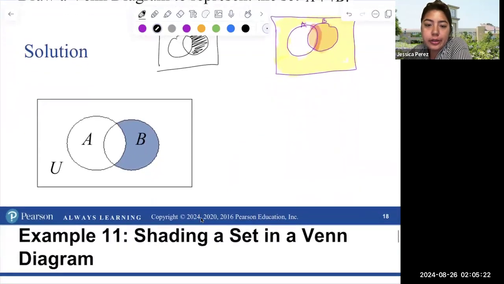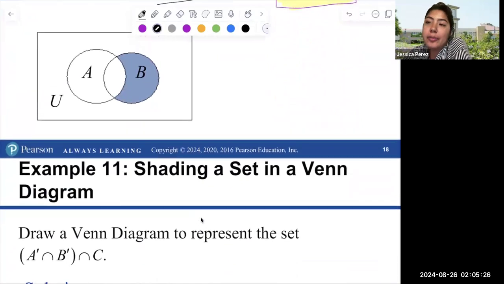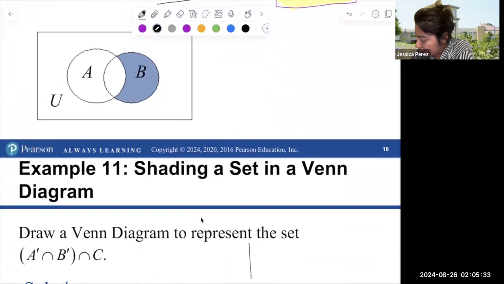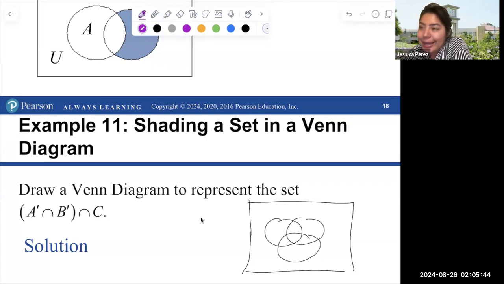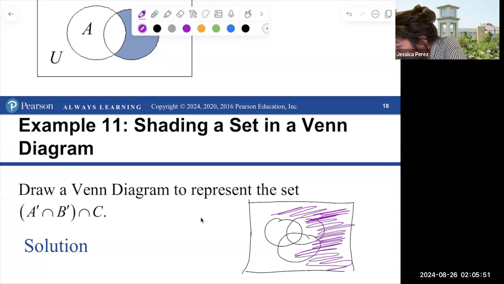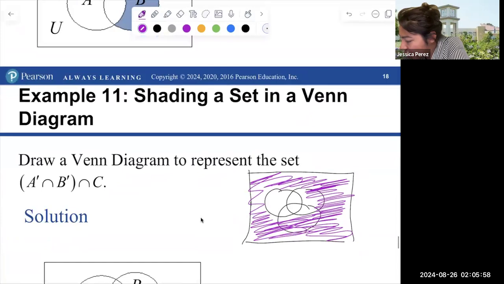Okay, very similar. We want to shade the complement of A or B complement and C. So again, we're going to create ourselves a big Venn diagram because I have A, B, and C. They're saying that A prime, so everything outside of A. So I'm going to make the colors everything not in A. And then I'm going to color in B prime, which is everything outside of B. So this is A, B. So now everything outside of B, okay, everything.